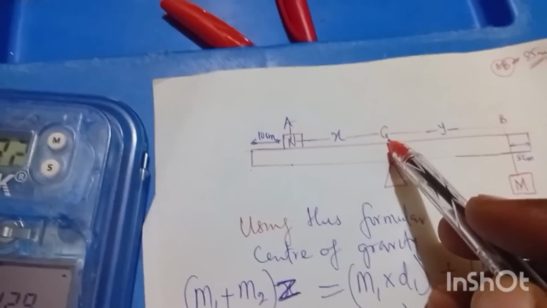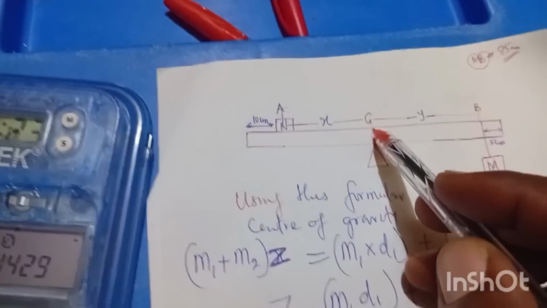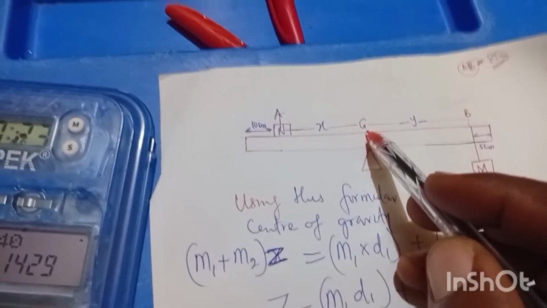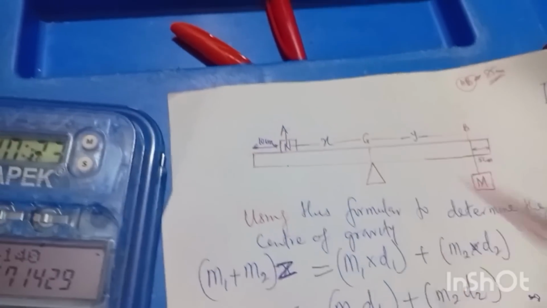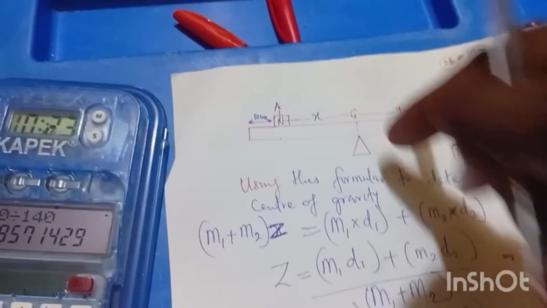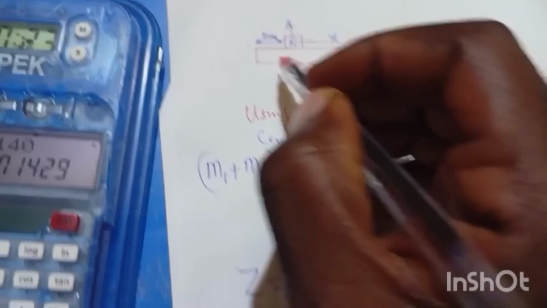This g you are seeing here is symbolizing something, which I want you to know now. It is telling you that from beginning to the end, this g will be on 34.29.